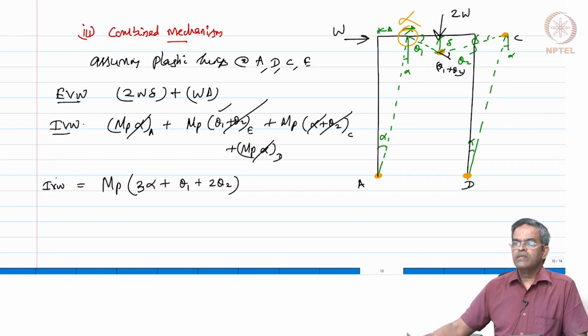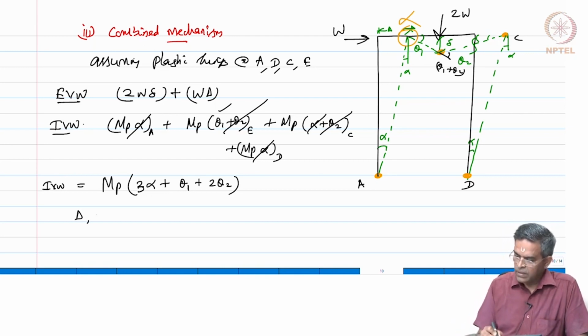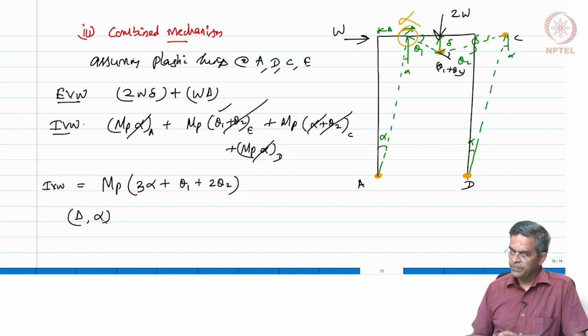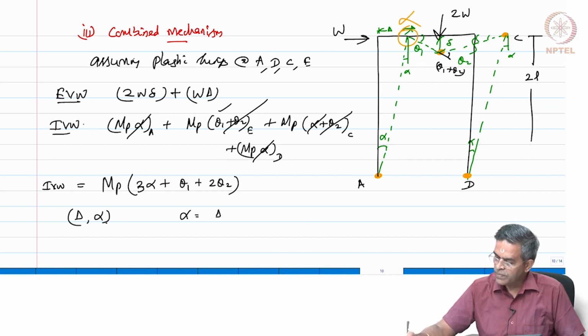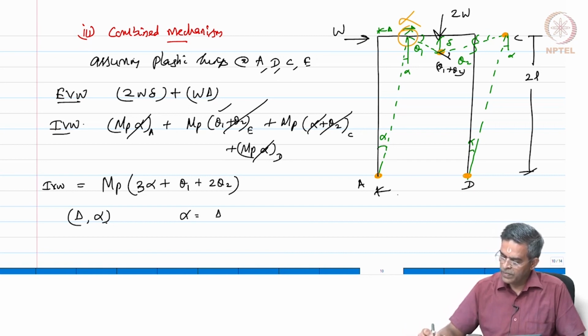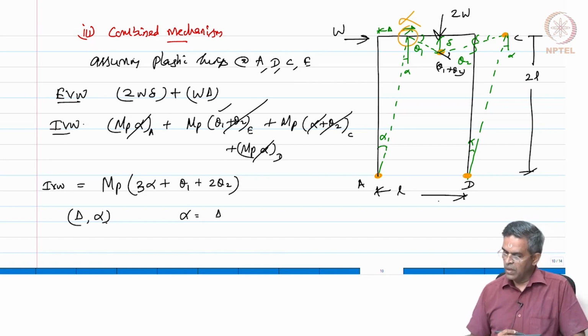Now, I can find the relationship between delta and alpha. So, alpha is delta, this is 2L, let us mark that here, and this is L. So, alpha is delta by 2L.